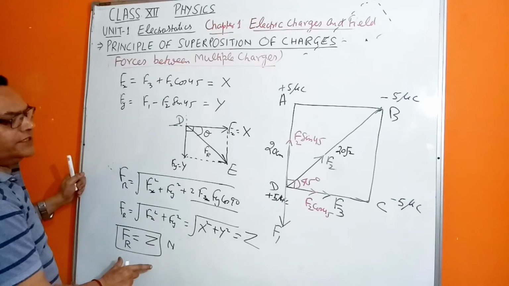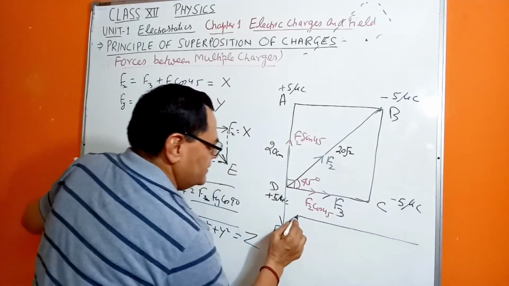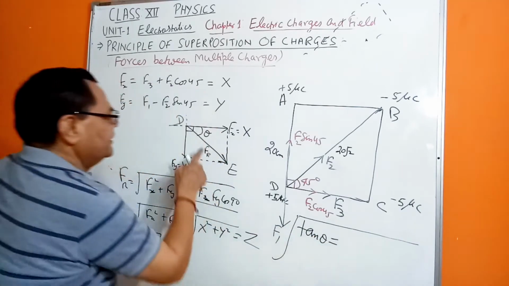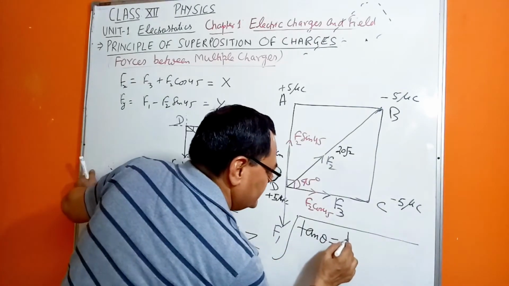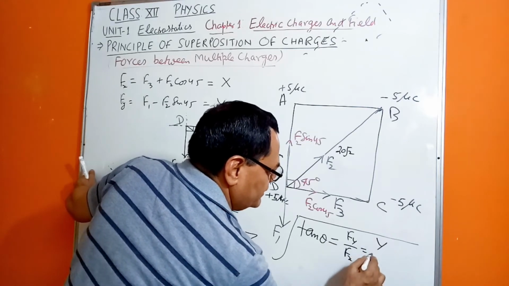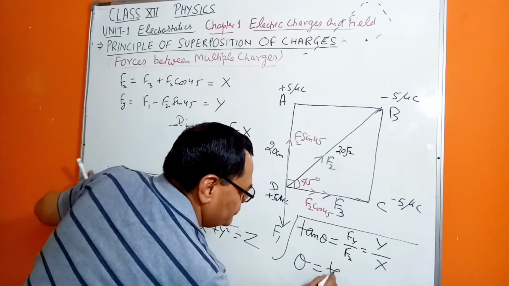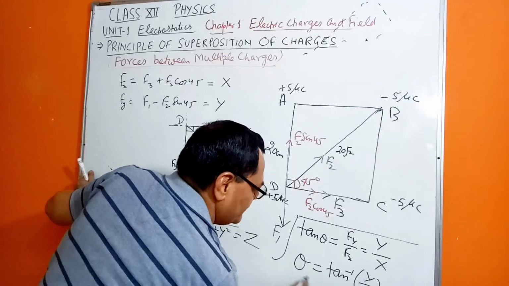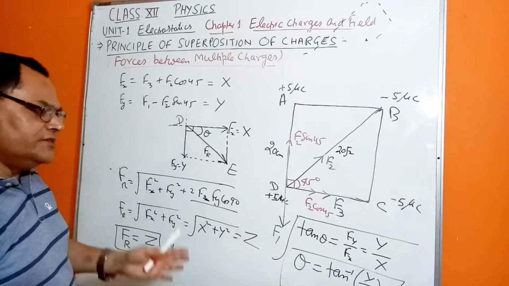To find the direction of this resultant force, you can simply say the direction can be calculated by tan theta. Tan theta is perpendicular upon base. Perpendicular is exactly the vertical component, that is Fy upon Fx. Fy was Y and this is X, numerical values we know, so theta will be equal to tan inverse of Y upon X. So what is the final answer?